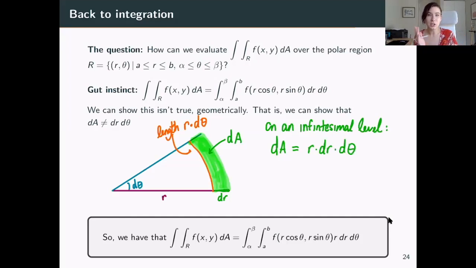And as such, if we ever want to switch an integral from Cartesian coordinates to polar coordinates, we make the replacement of our x and y as r cos theta and r sine theta. But we have to remember that dA is going to become r dr d theta. Be aware that that r is really important and you can't forget it.